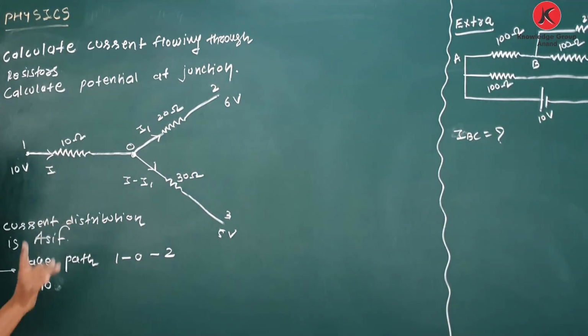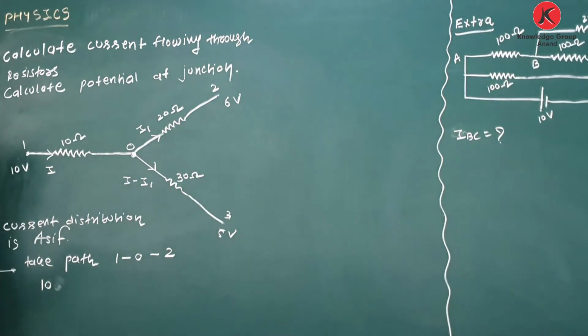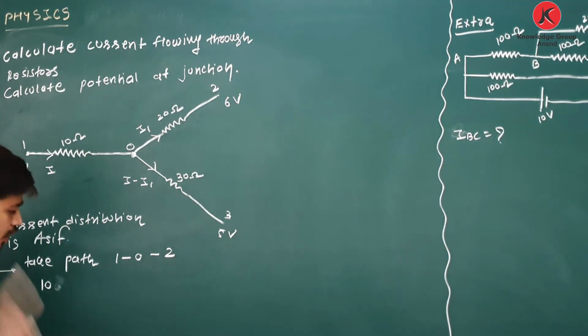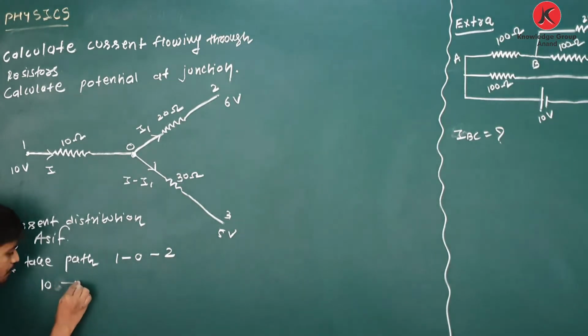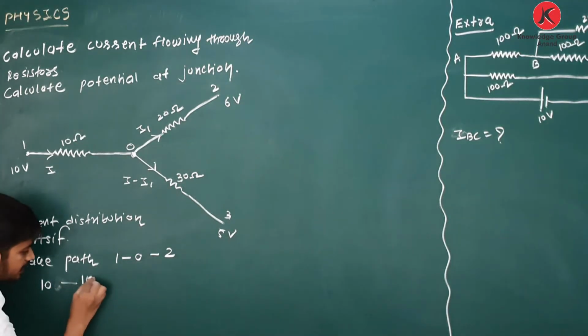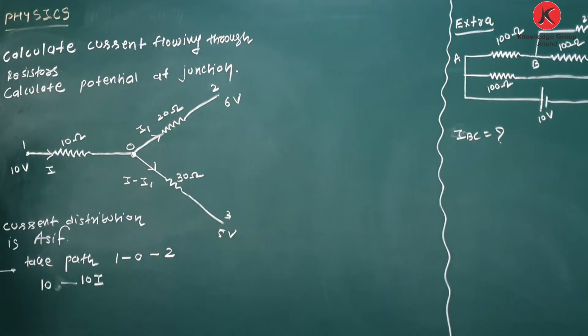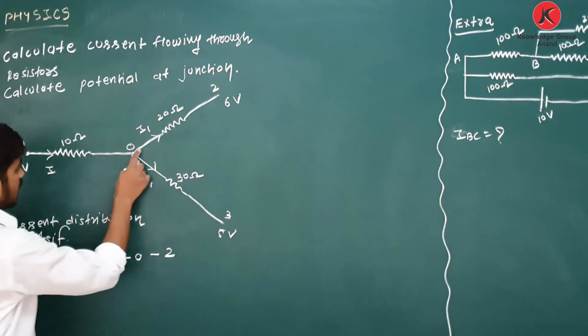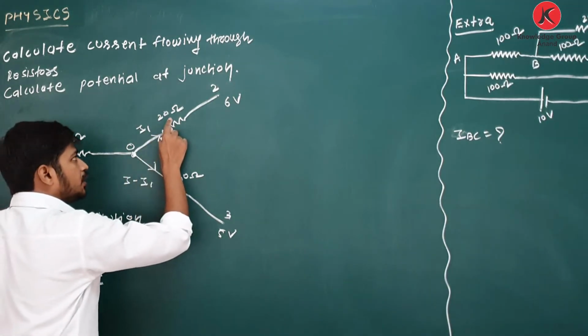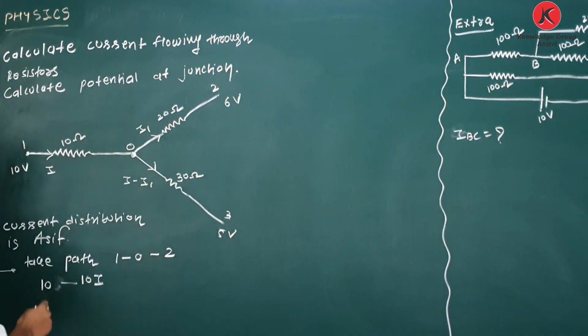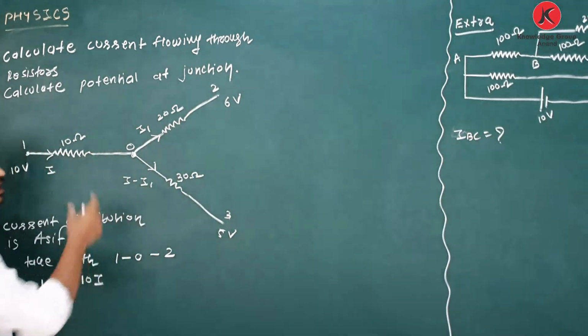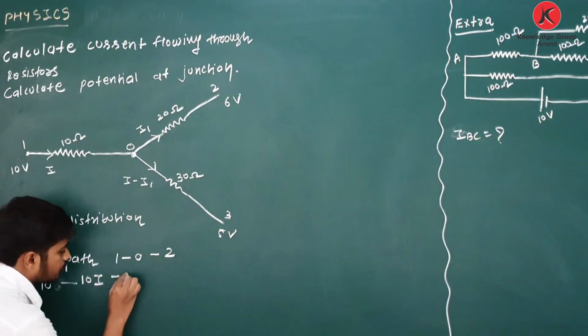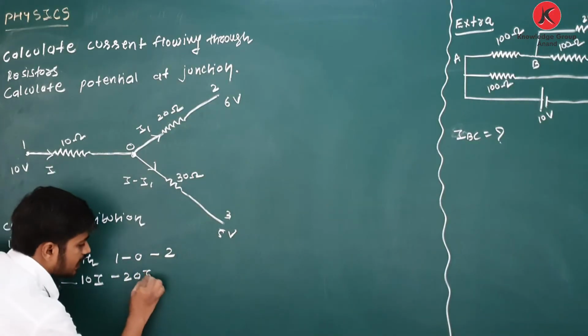When we move in the direction of current, potential drops. So you have to write minus 10I. Then the 20 ohm resistor, current I1, moving in the direction of current, so it is minus 20 I1.